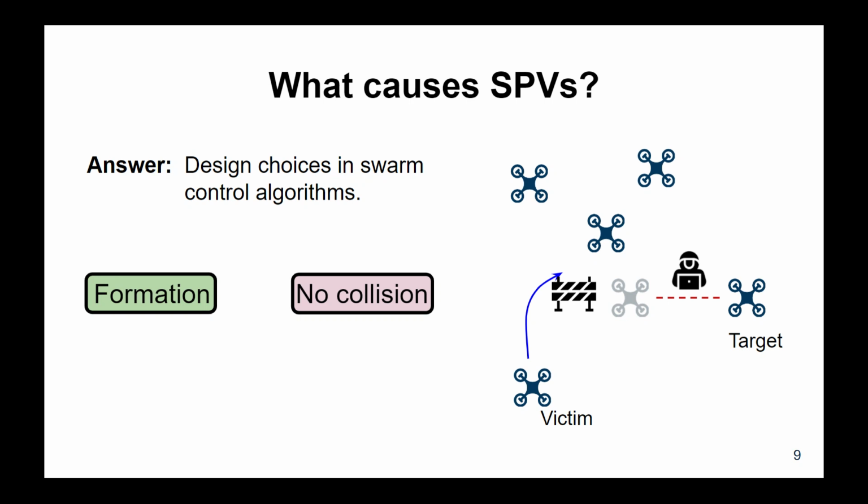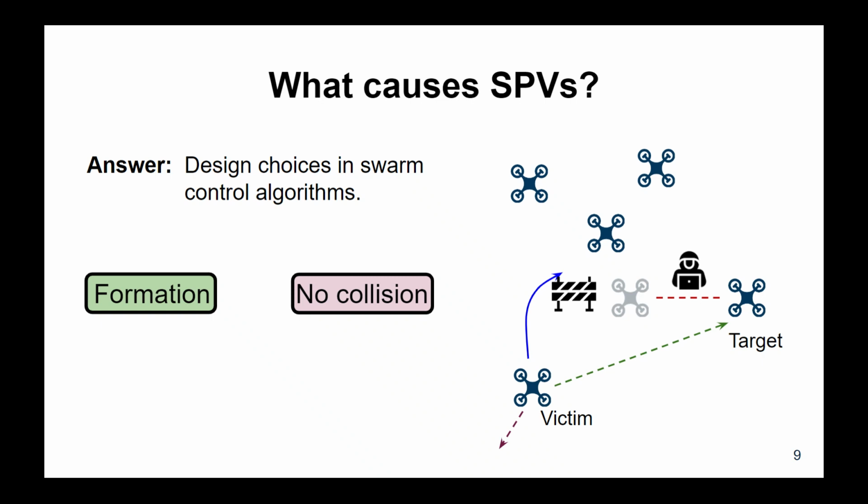For example, after the GPS spoofing attack, the victim drone will think the target drone is further away from it. To maintain the formation, it will generate an attractive velocity toward the target drone. At the same time, the victim drone will also have a repulsive velocity to avoid the obstacle.